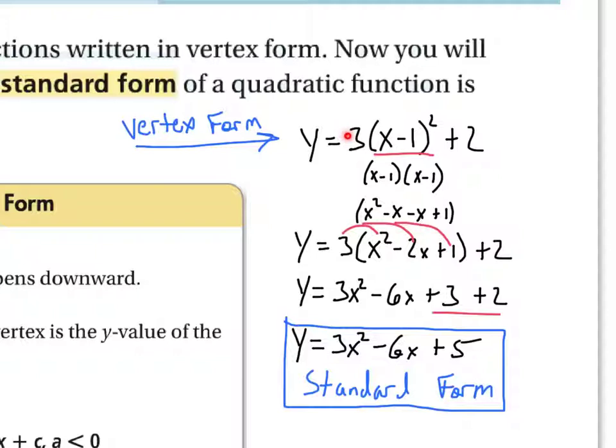What's our value of a in standard form? 3. It's the exact same thing. The a in vertex form is the exact same number as the a in standard form. Please remember that. Also remember, a tells us whether it opens up or down, right? Well, it's the same thing. So, if a is positive, that means this parabola must open up.